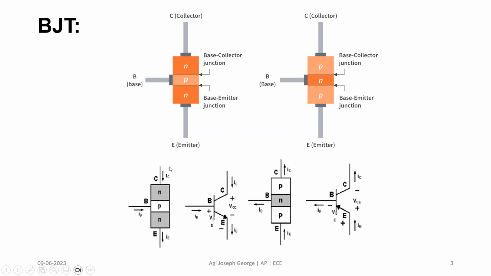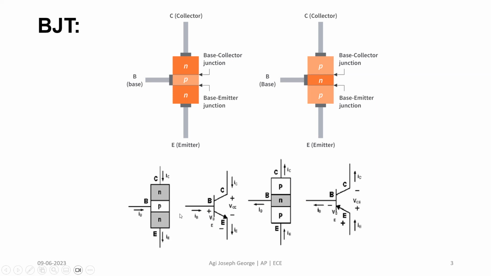For the BJT to work in the active region of operation, the emitter base junction is forward biased and the collector base junction is reverse biased. You can see IE is the emitter current, IC is the collector current, and IB is the base current.